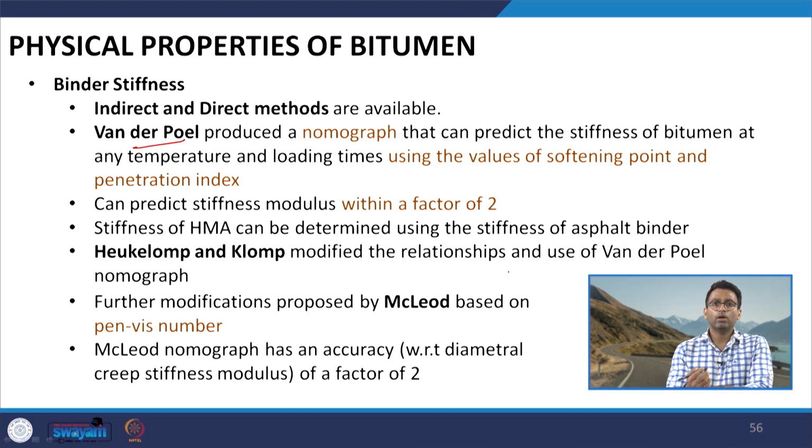For example, Heukelom and Klomp modified the relationships and used the van der Poel nomograph to refine the prediction. Later on, MacLeod also refined the prediction by adding the penetration viscosity number in the prediction chart, and the MacLeod nomograph also has an accuracy of a factor of approximately 2.